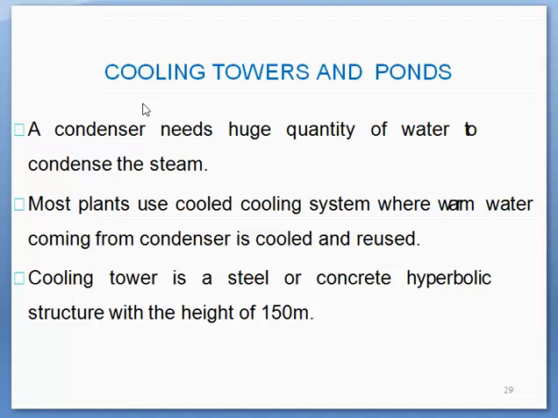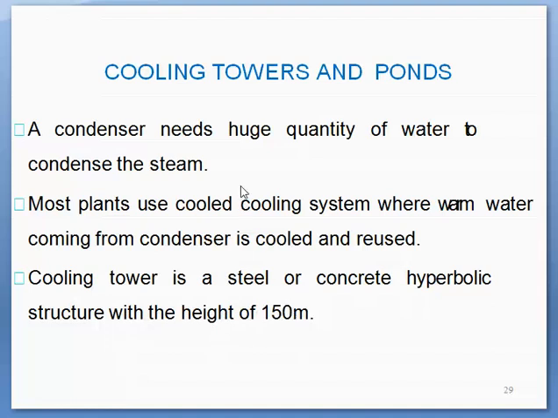So we require cooling water for condensing steam that is coming to the condenser. It requires a huge quantity of water to condense steam. Most of the plants use a closed cooling system, where warm water coming from the condenser is cooled and reused. A cooling tower is a steel or concrete hyperbolic structure, in general with a height of 150 meters.